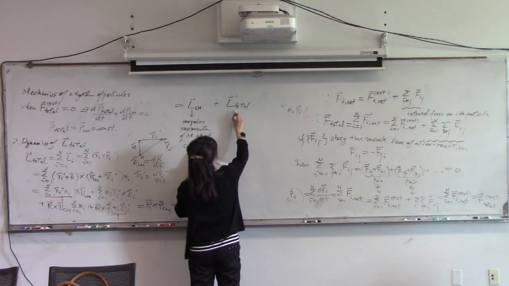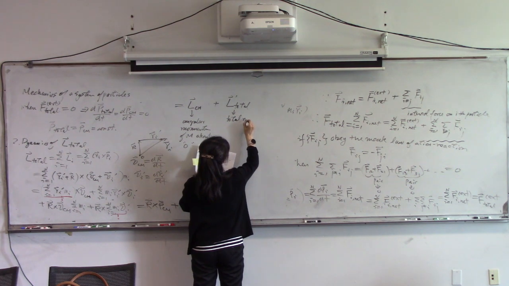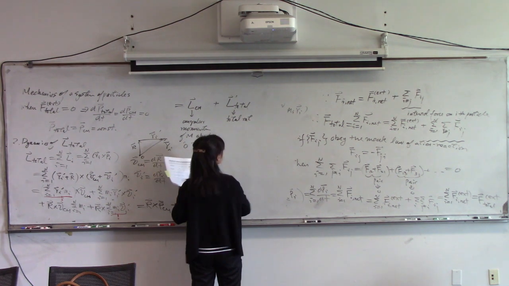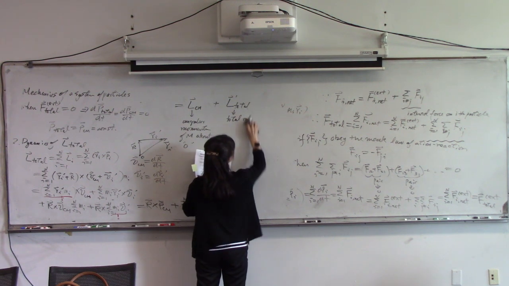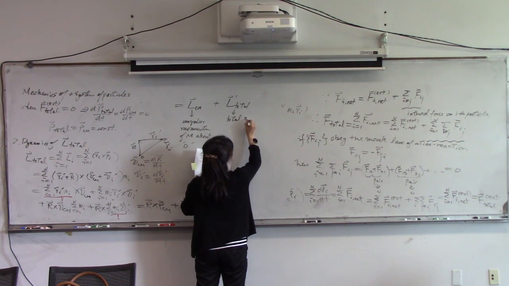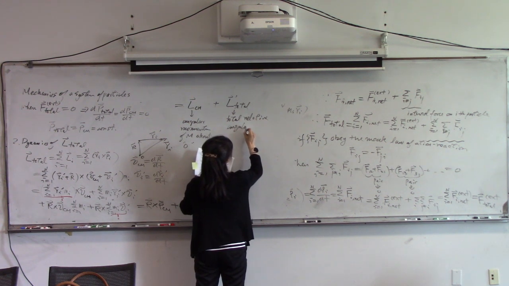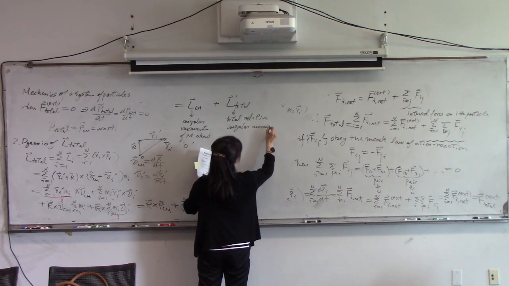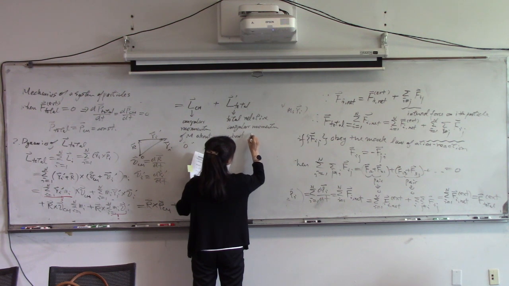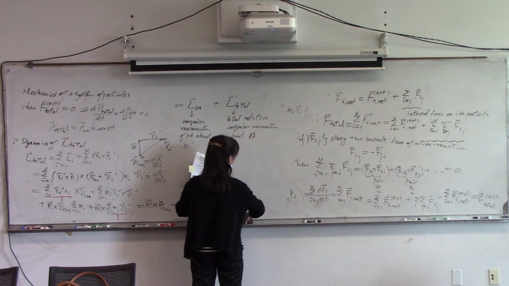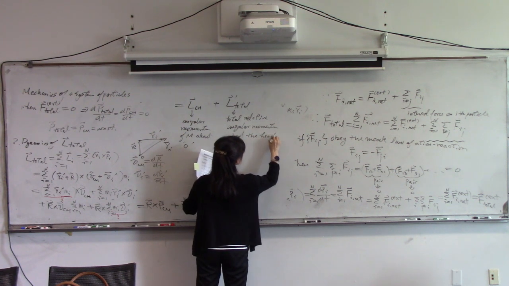So that is the total relative angular momentum about the center of mass.